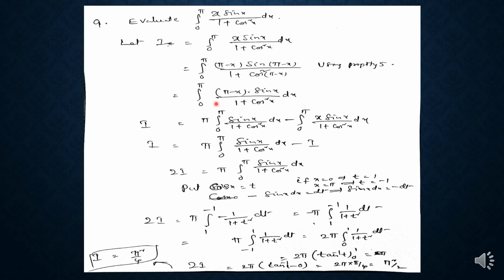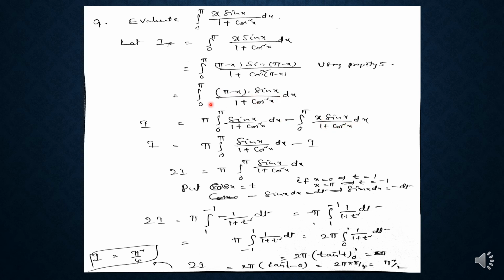If we expand this integral, it becomes integral 0 to pi of pi sin x minus x sin x divided by 1 plus cos square x dx. So this integrand can be written as a sum of two integrals. The first term is integral 0 to pi of pi sin x by 1 plus cos square x, and the second term is integral 0 to pi of minus x sin x by 1 plus cos square x dx.